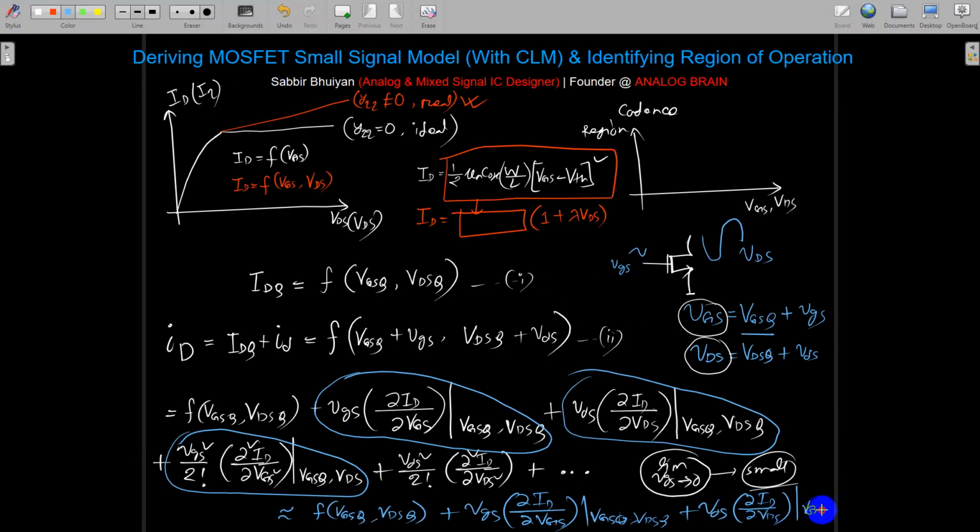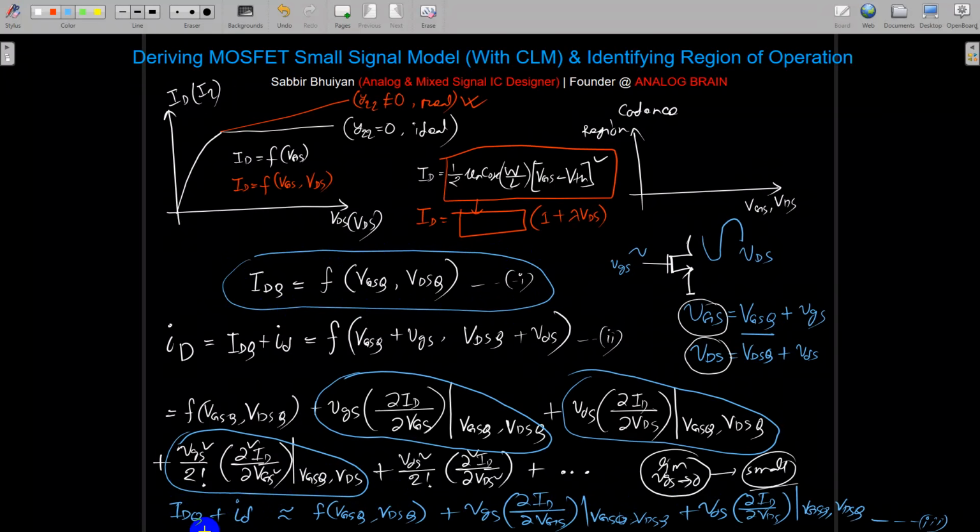Okay, nice. So this is our third equation. Now what next? See this thing, this is our first equation I_DQ, and this is our third equation. This is actually your I_DQ plus i_D. So what will happen if we subtract this first one from this third one?